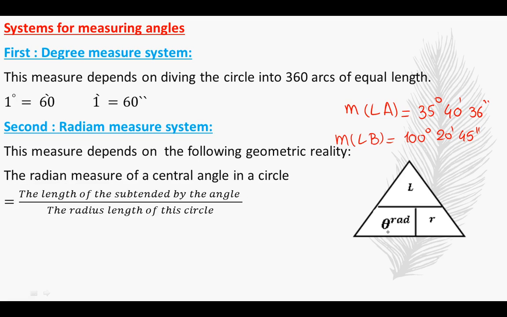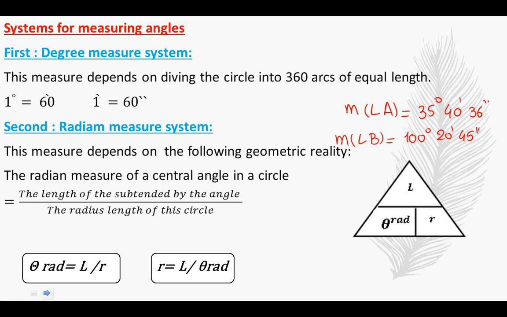So theta radian equals L over R; L, the length of the arc, equals R multiplied by theta radian; and the radius length of the circle equals the length of the arc divided by theta radian.